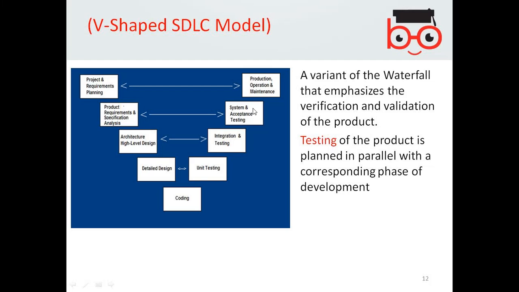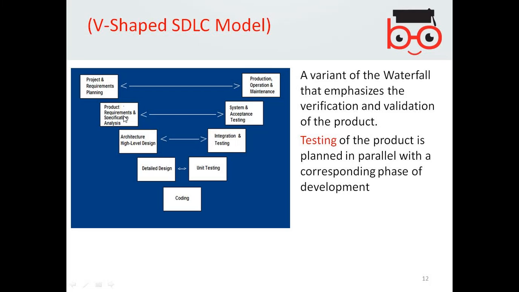So if you start the requirements, then verification and validation should be done at the same time. For example, at the detailed design, you should carry out the unit testing. At the architectural level design, you should carry out the integration testing.